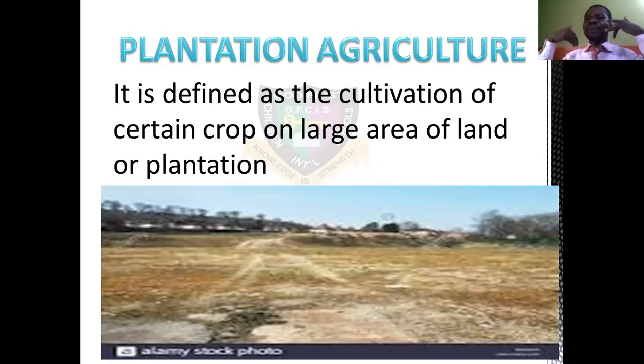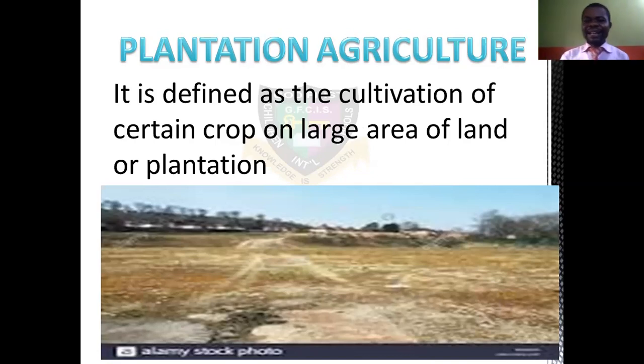We can call it cocoa plantation, oil palm plantation, because of the kind of crop that you are seeing there. That's why it is called plantation. That particular area where this crop is planted becomes a plantation.